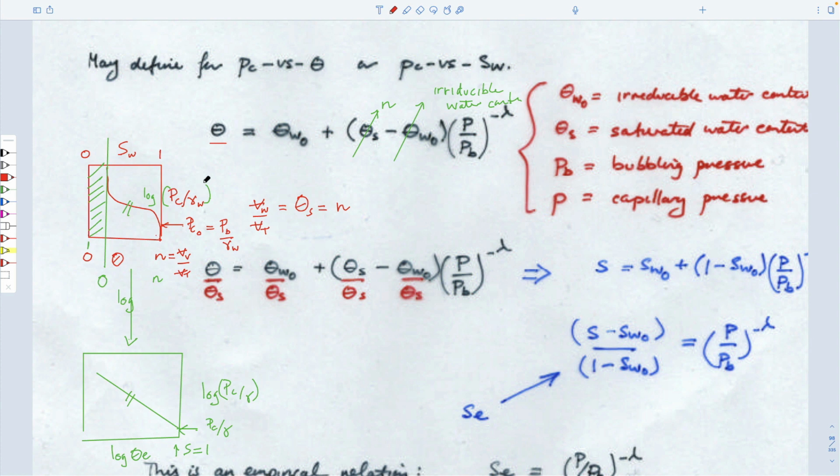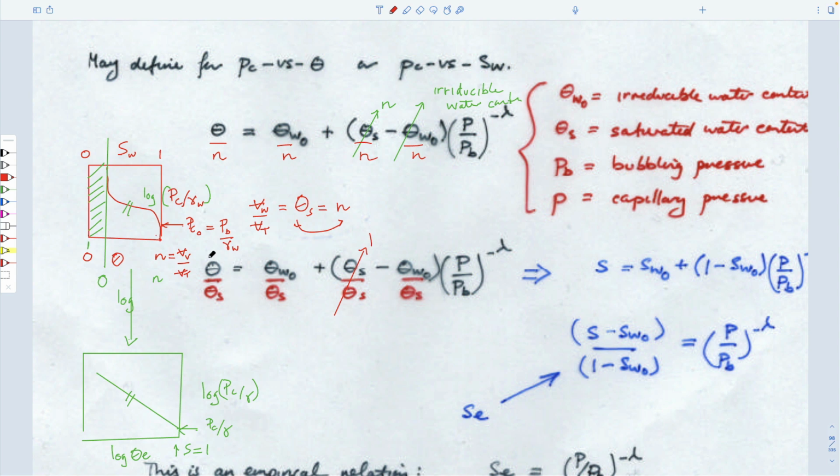And so it's the same as it's written here, just divided by the volumetric saturated moisture content because of this relationship here. So this term ends up being 1.